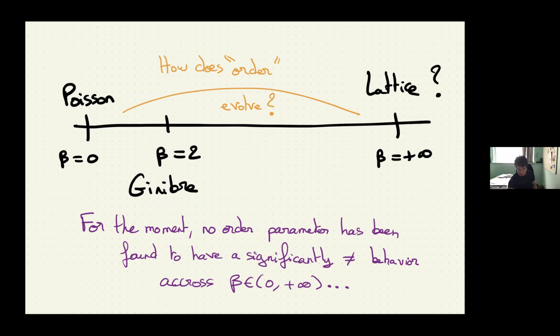But the physicists do think that the correlations should change. Maybe what I could say is that obtaining the correlations is very difficult. Except for beta equals 2, we have no understanding of the correlations. The only questions we can ask are those questions that I presented. And for those questions, sometimes we can answer. But the fun part is that it seems that everywhere on this range, you have order.